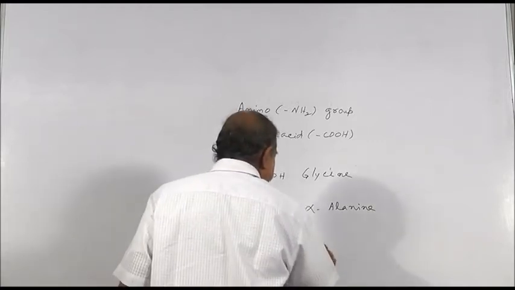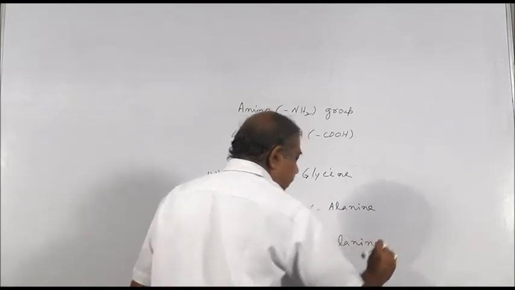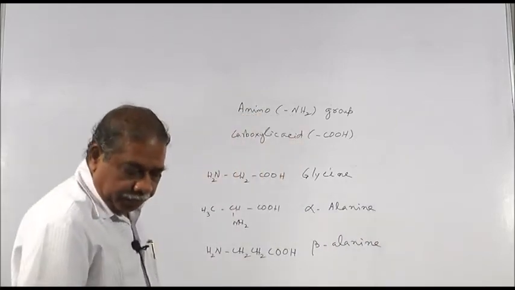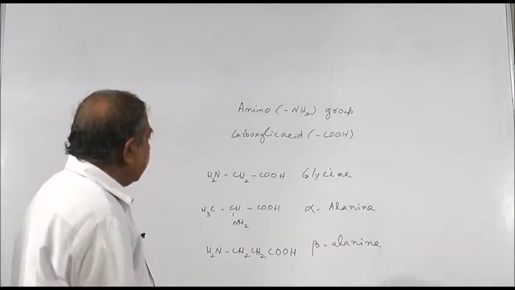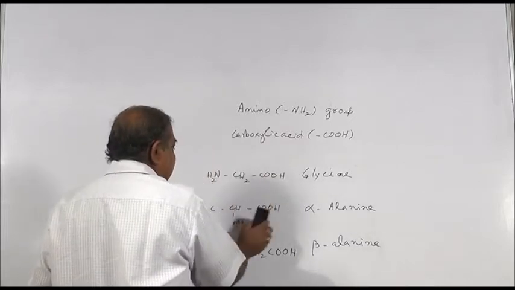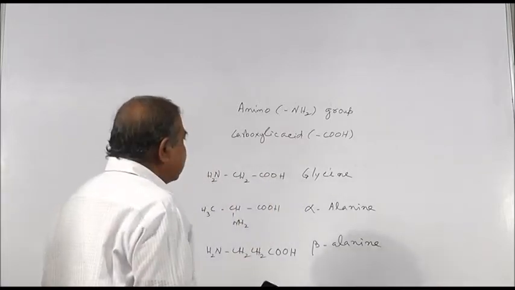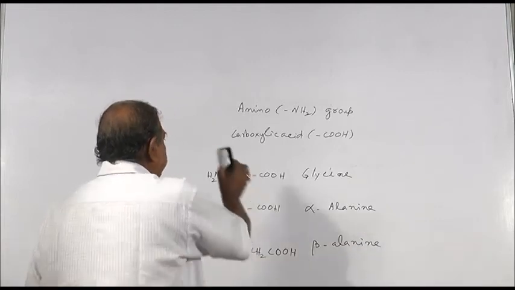This is your beta alanine. So you can find amino acids contain two functional groups, one is the amino group and another is the carboxyl group. I have given you three examples: glycine, alpha alanine, beta alanine.